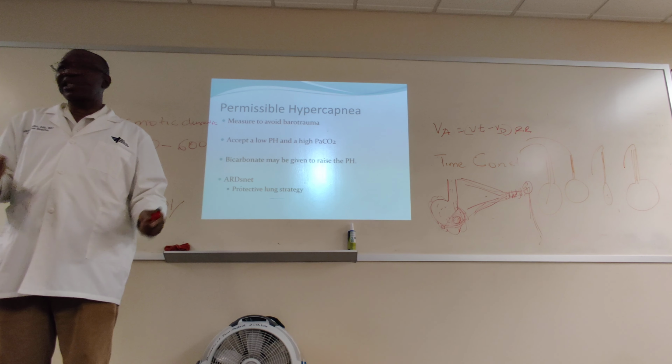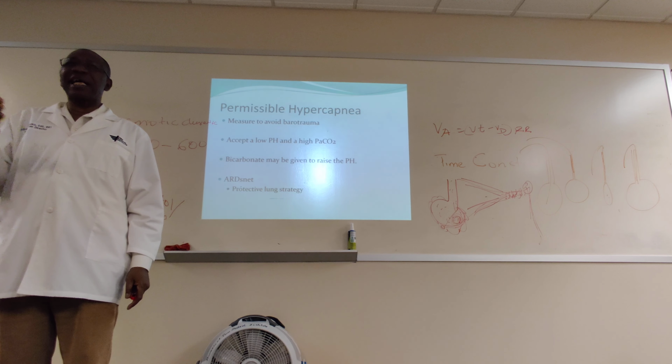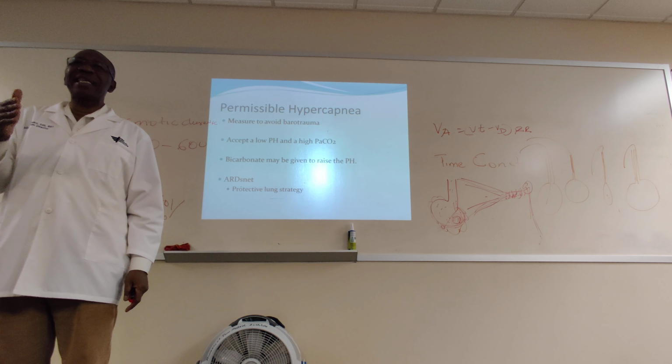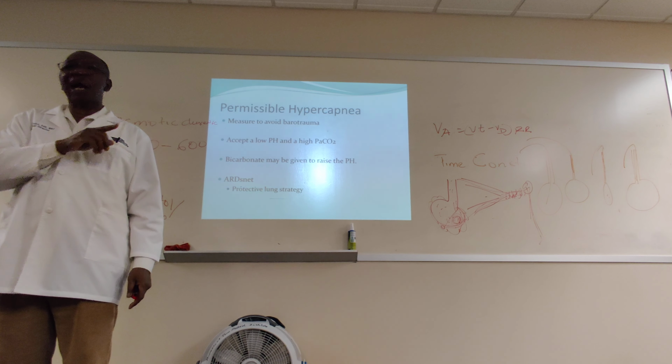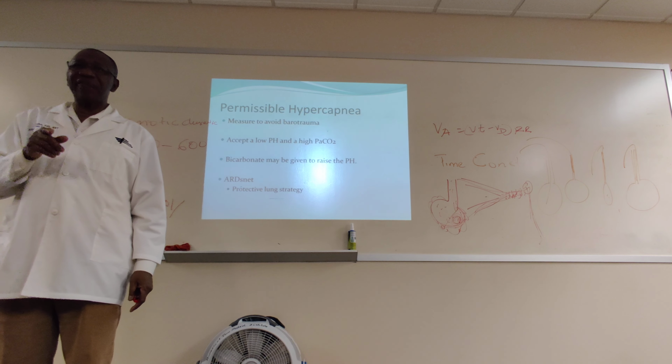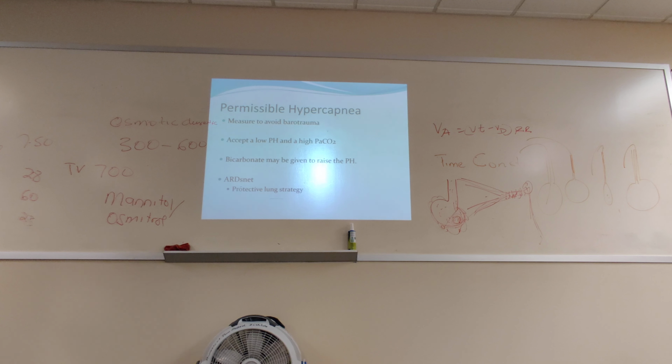So we're saying, well, instead of doing that, please accept a CO2 that is slightly high or pH that is slightly low. Patient safety comes first. Patient safety comes first. Okay, so that's what permissible hypercapnia is. Accept a slightly lower pH or high CO2, instead of continuing to use high pressures that will cause barotrauma. Okay?